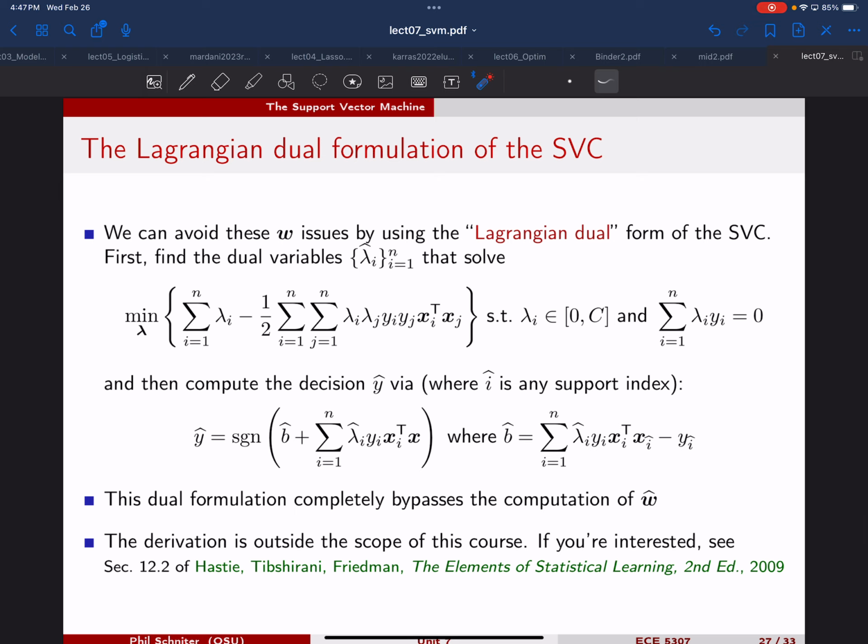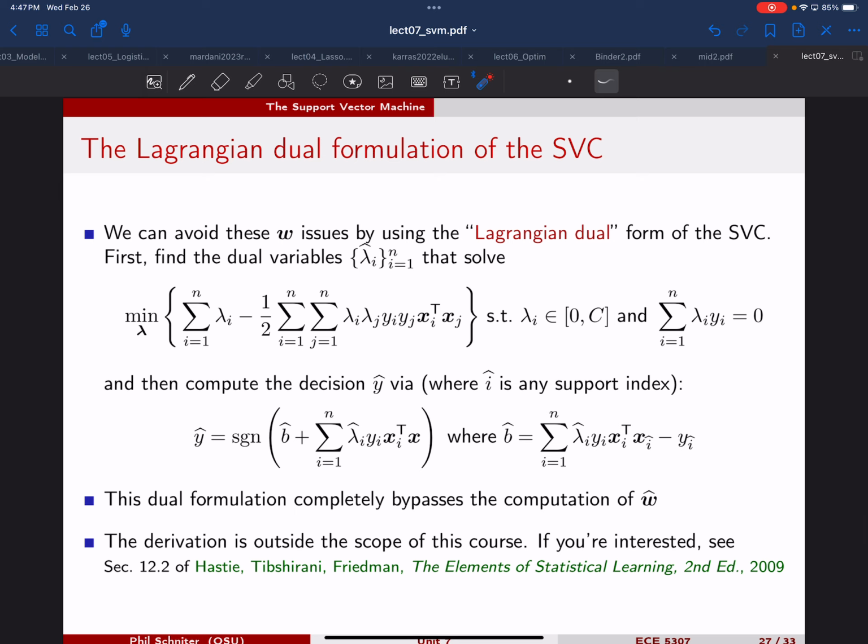The first thing we're going to do is approach the problem in a different way. In the traditional approach, what we do is we design W and B, right? Those are the parameters we design, and the number of coefficients in W is exactly the number of transformed features we have.